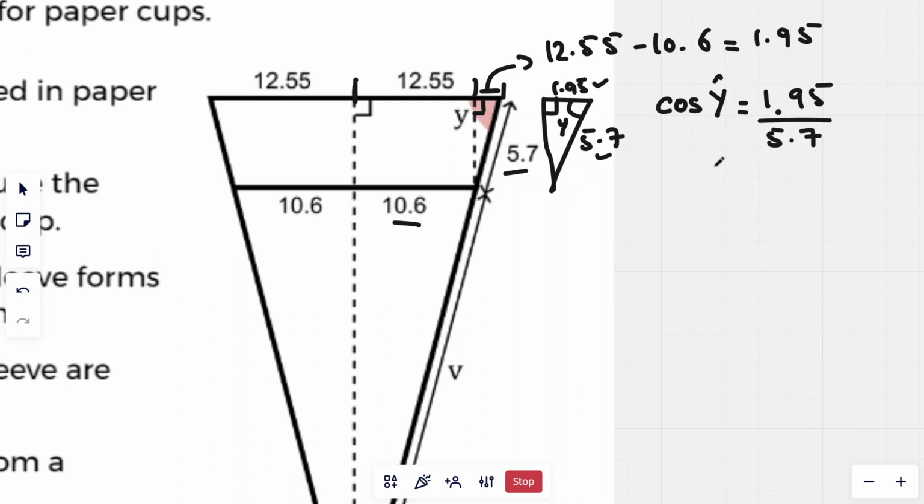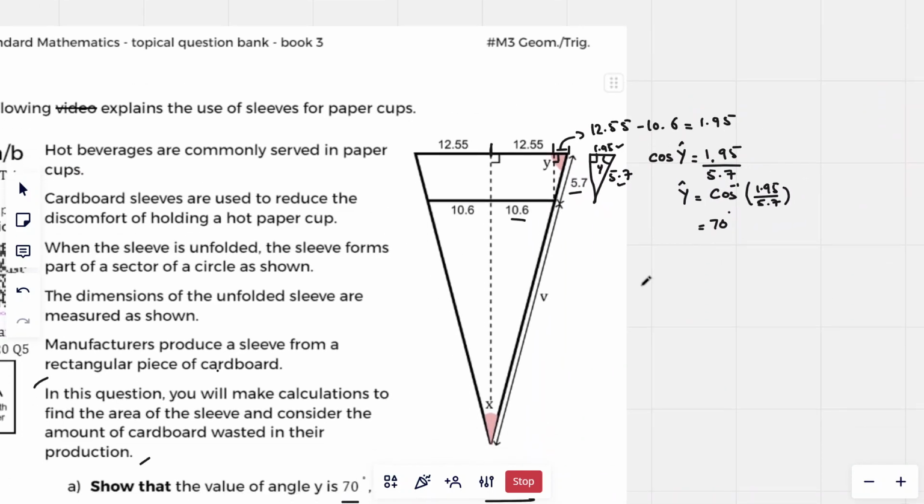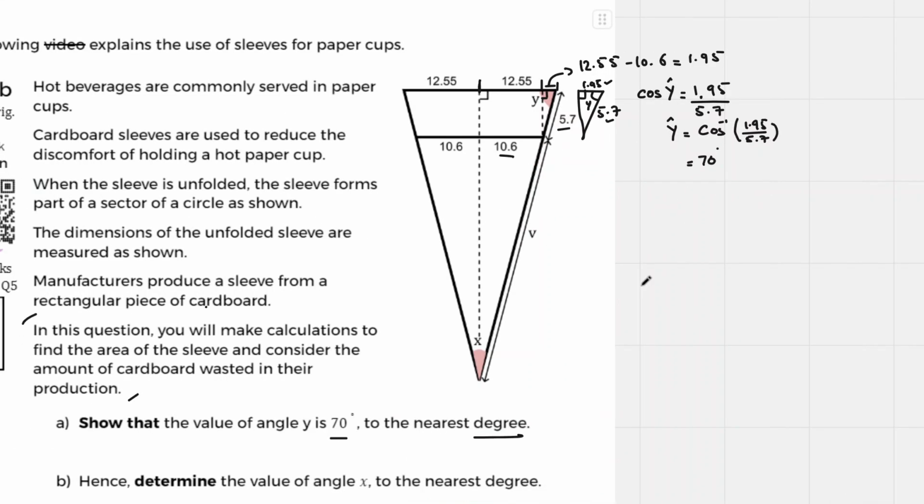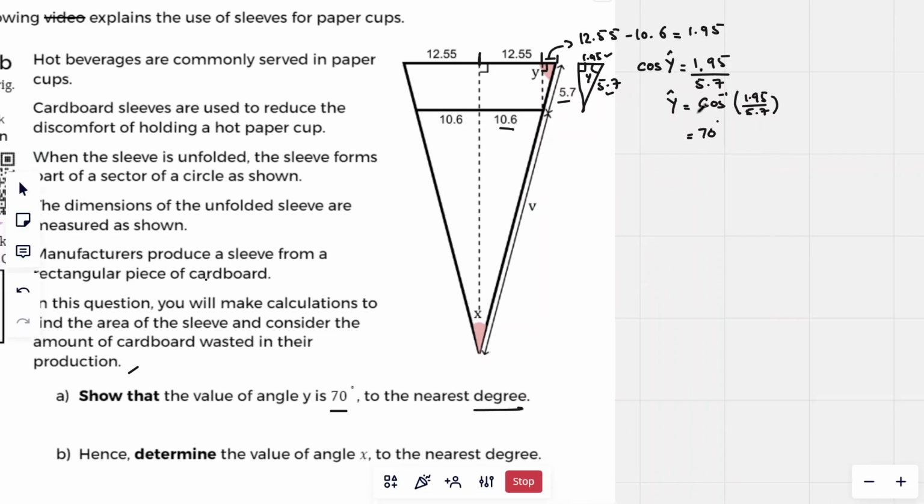So the cos inverse of 1.95 divided by 5.7 will give me 70 degrees. So that's the first part, right? We're able to show that the value of the angle is 70 degrees.